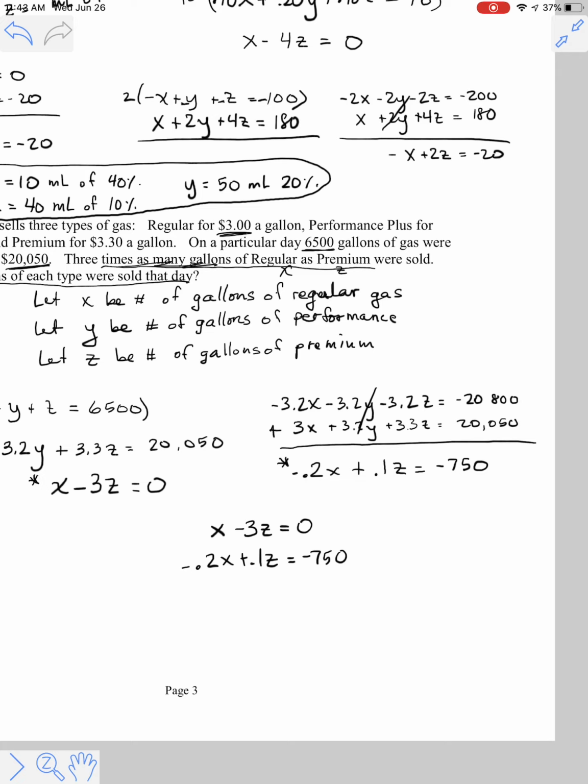So if I wanted to cancel x, I could multiply this by 0.2 to get 0.2x minus 0.6z equals 0.